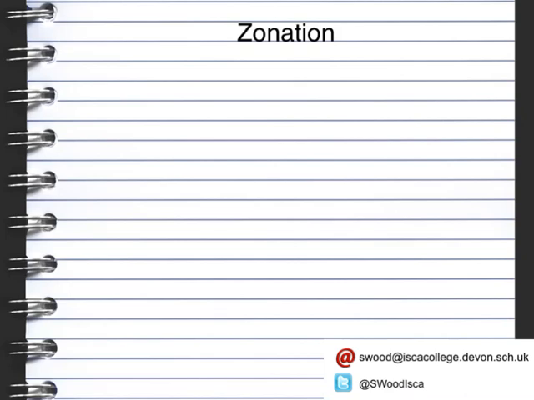Now, zonation is a gradual change in the number of organisms that can occur in a certain direction. So that could be the distance from a road, distance up a beach, position away from a bush in a field. Now, how we can actually measure this is by using something called a transect.